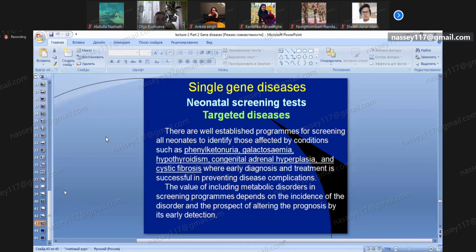The value of including metabolic disorders in screening programs depends on the incidence of the disorder and the prospect of altering the prognosis by its early detection.